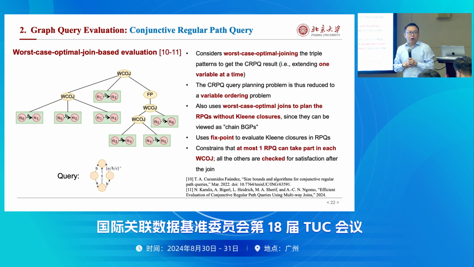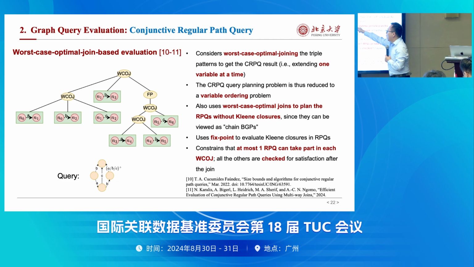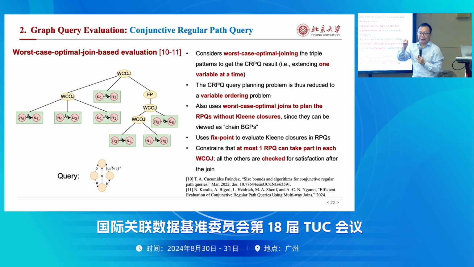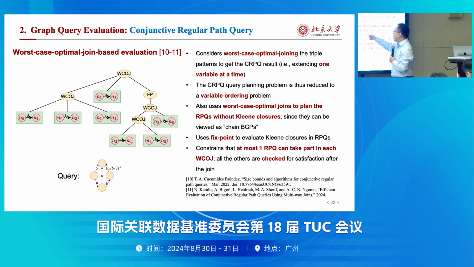The second one is based on worst case optimal join. Similar to the worst case optimal join for the subgraph query problem, the planning problem is reduced to the variable ordering problem, because in each step we select a different variable at a time. For this one, you can use the worst case optimal join for the RPQ without the Kleene closure.